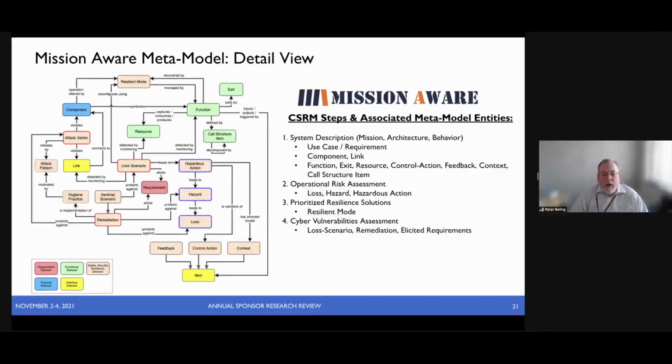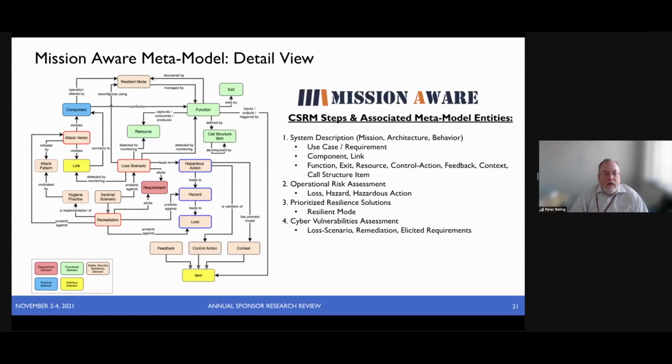We can see hazardous actions, hazards, losses, control actions, and so on, towards the bottom right of the model. All of that is, if you will, the STPA part, or the STPA contributions to mission aware.